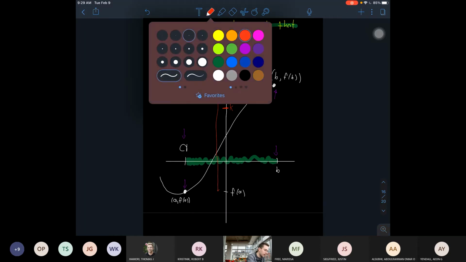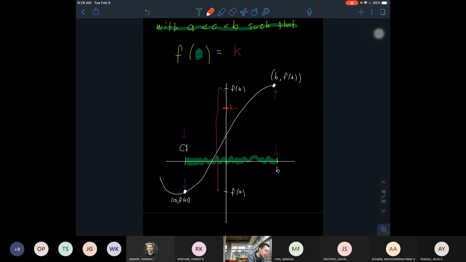If we draw a little thing here, we can see the exact point we're talking about. It's the x value which lies right here. If we plug it into the function, we get c comma f of c is equal to c comma k.